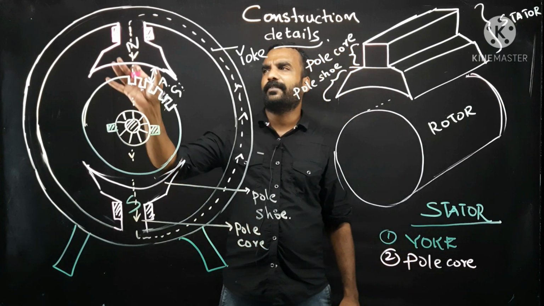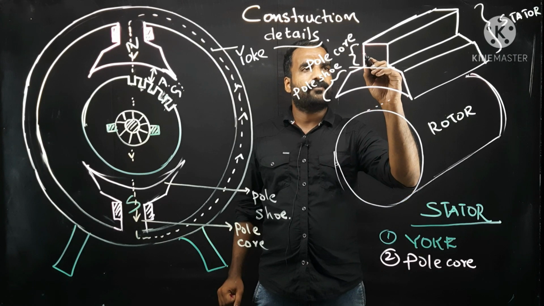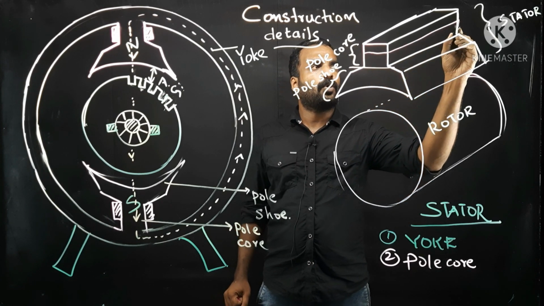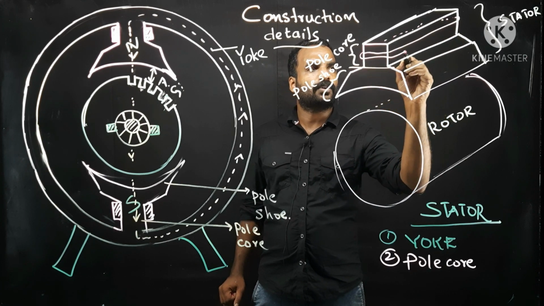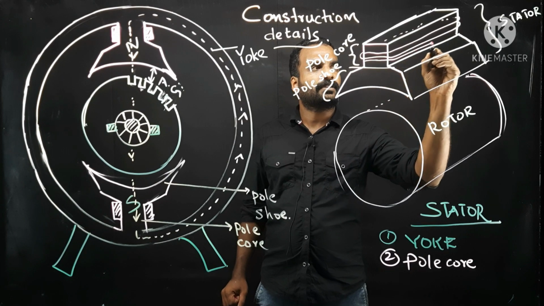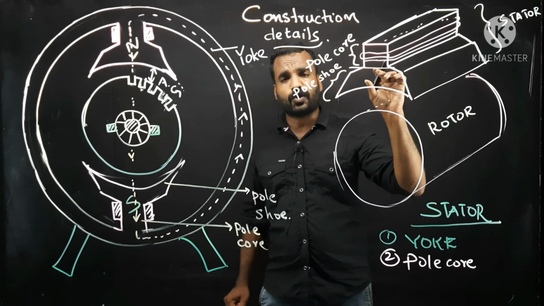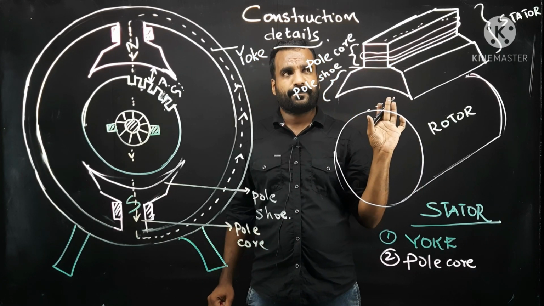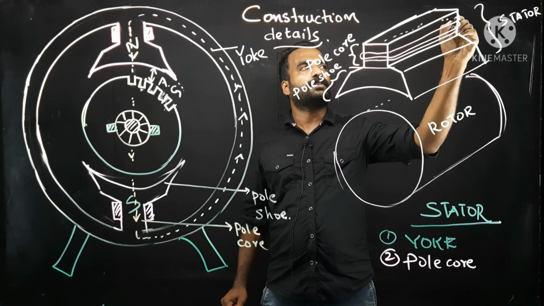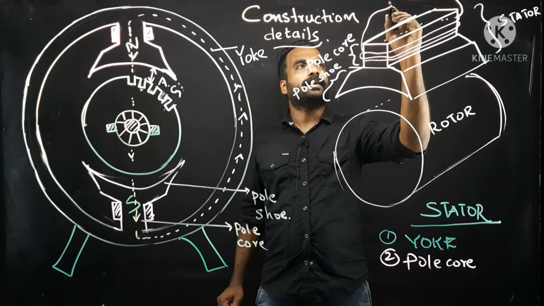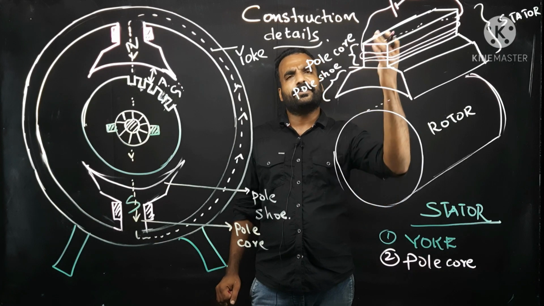Before going to that, I will explain this. This is the field winding. Field winding is the winding that is placed on the pole core. So what is the need of this winding? We will take the terminals of this winding and connect a battery, or we will give a DC supply.